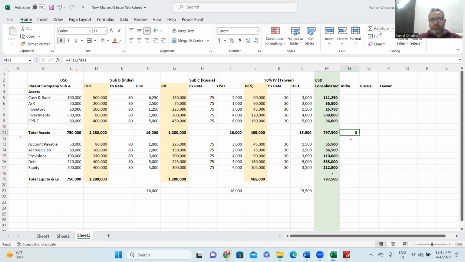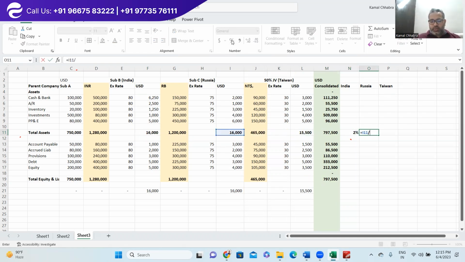Right? This you can do percentage. You'll say it's just 2%. Why should I be bothered about it? Right? Same way, how much is the Russia percentage to the total?